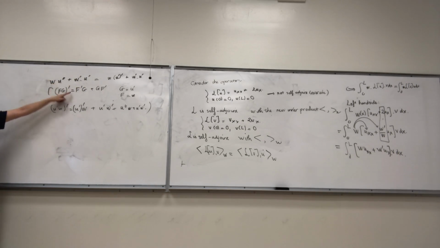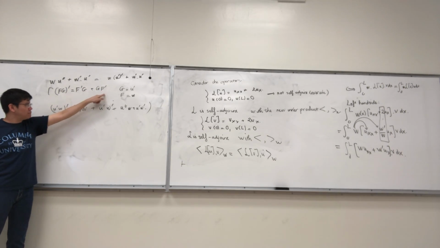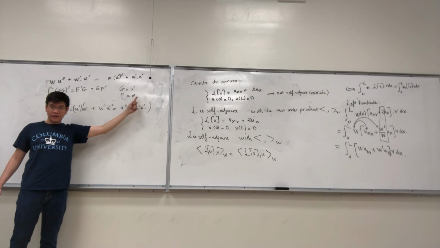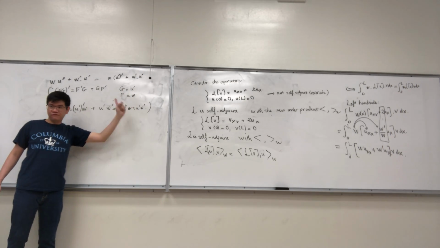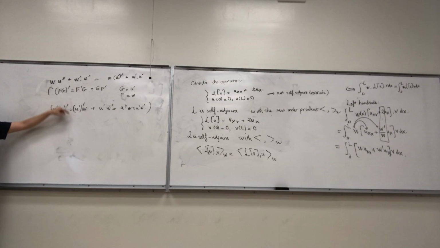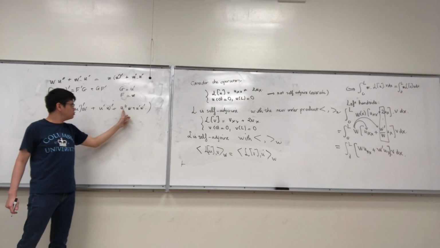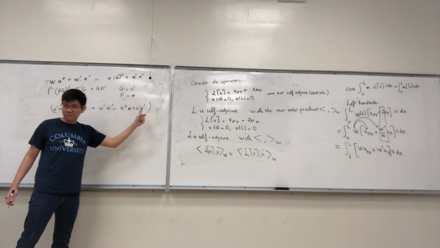So you have (FG)' is F prime G plus G F prime. In this case, I'm going to replace G to be U prime and F to be W. So what do I get? I get (U prime W)' is U second W plus U prime W prime.